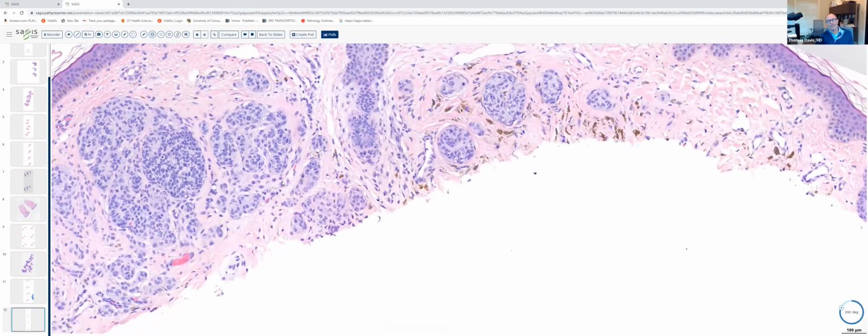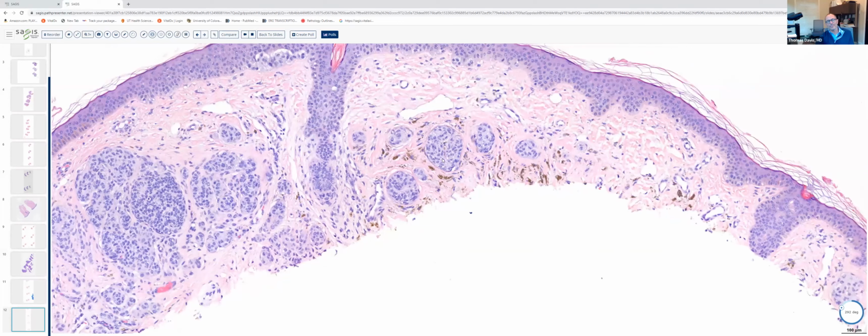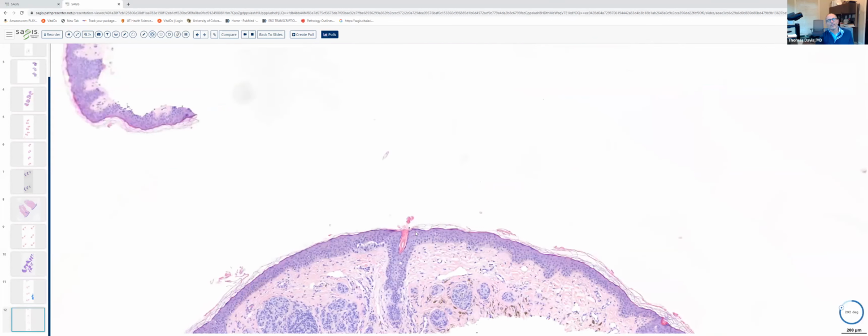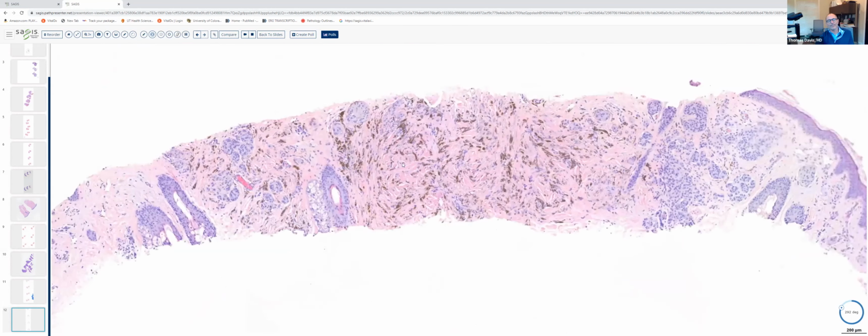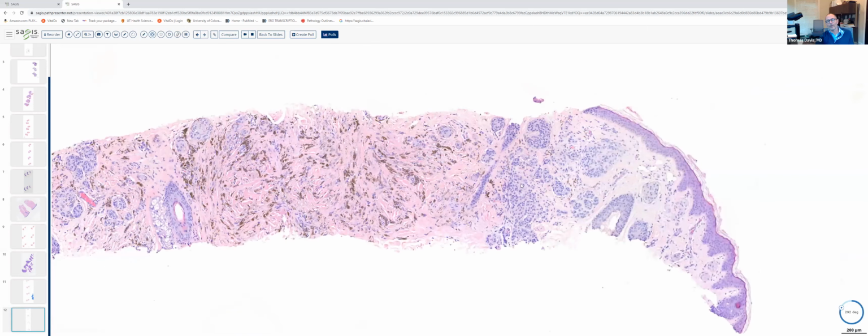In the central portion of the specimen, you can see that the dermis is a little more sclerotic, and we've got the presence of heavily pigmented melanophages. And then if we look at our top piece of tissue, again, we have the more banal appearing melanocytes out at the periphery.